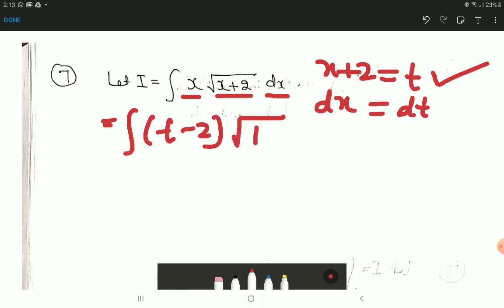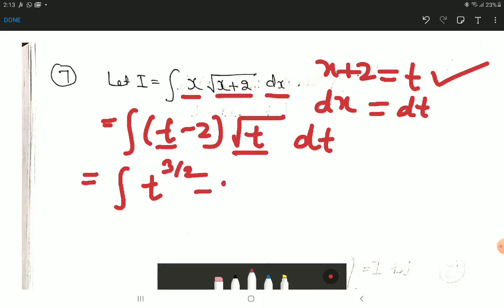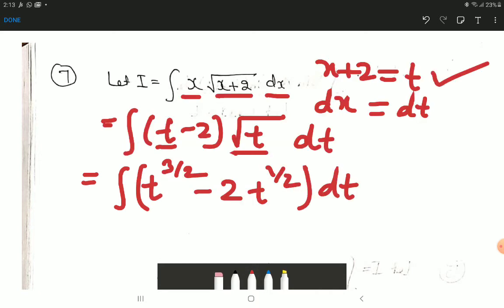Square root of x plus 2 is root t, dx is dt. Now it is quite simple. Integration of (t minus 2) into root t will be t raised power 3 by 2 minus 2 times t raised power half into dt. And it can be easily solved by you.